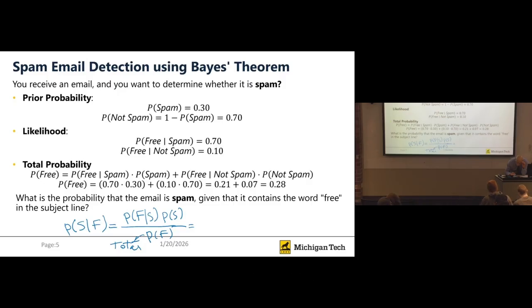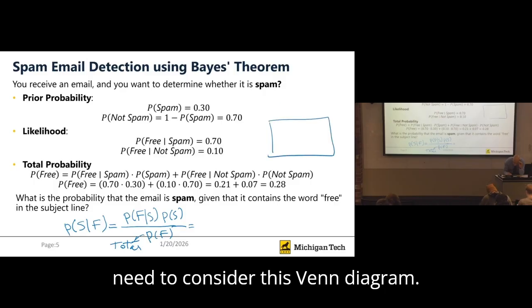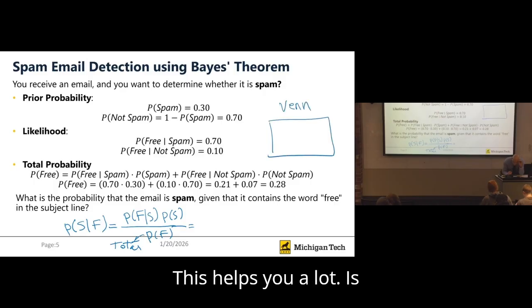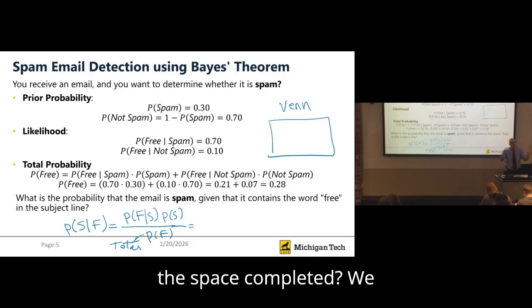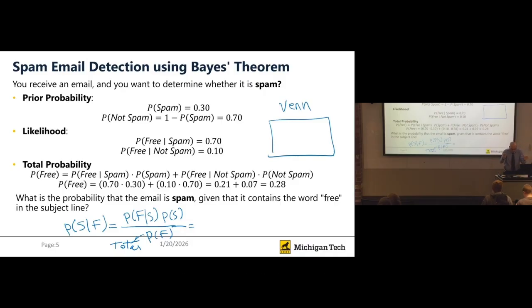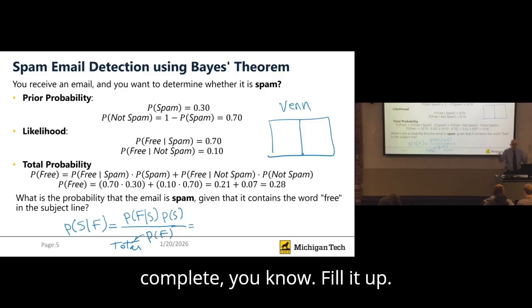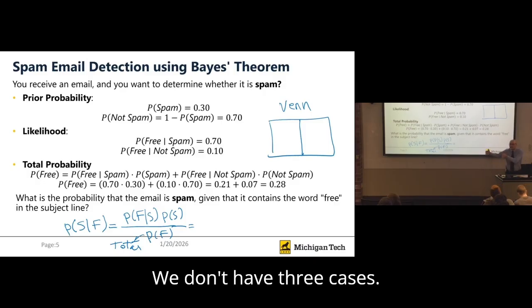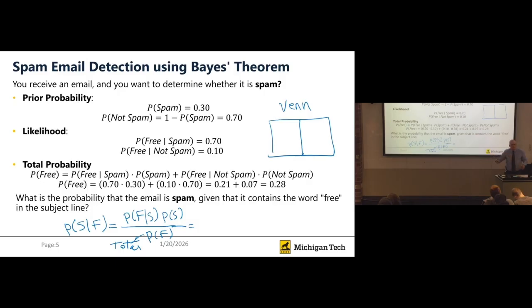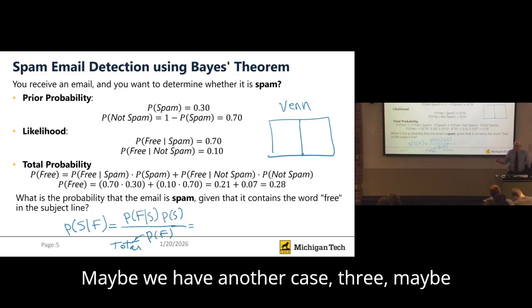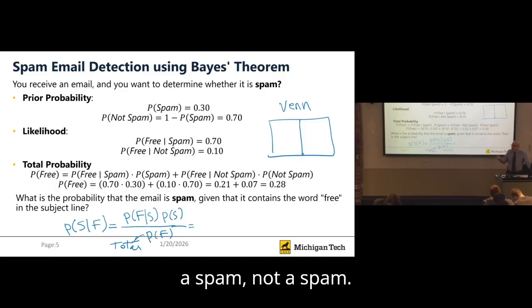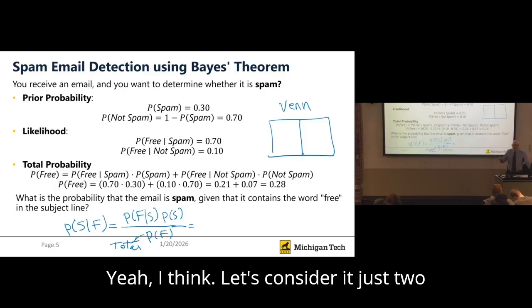For the total theorem, you always need to consider this Venn diagram. This helps you a lot. Is the space complete? We are considering that we have a spam or not a spam. It's complete, you know. We don't have three cases.